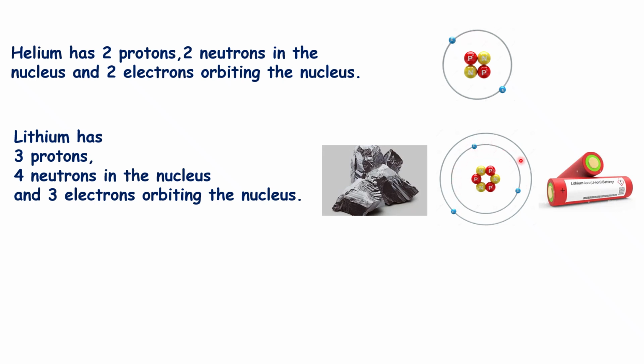The first 2 electrons are in the same energy level. Now, by this, the energy level is complete. It cannot have any more electrons. Therefore, the third electron goes into a second energy level farther away from the nucleus.